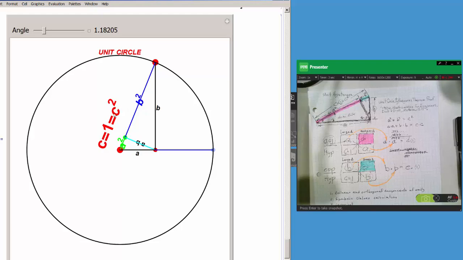And over here we see, since the hypotenuse is 1, this is inside of a unit circle. This triangle is inscribed inside of a unit circle. Then the hypotenuse has a value of 1, and since it's an A, B, C right triangle, and since C equals 1, C squared equals 1.